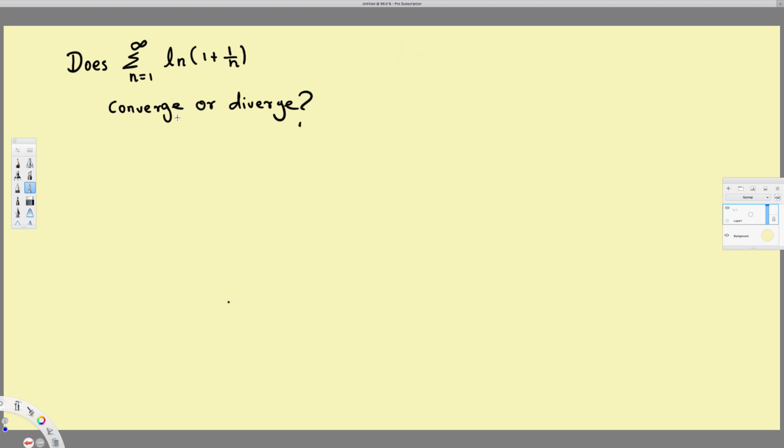Whenever we have a series, if the limit as n approaches infinity of a_n is not equal to 0, we can say that the sum of a_n diverges. That's always true for a series.